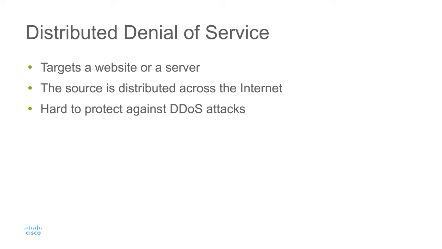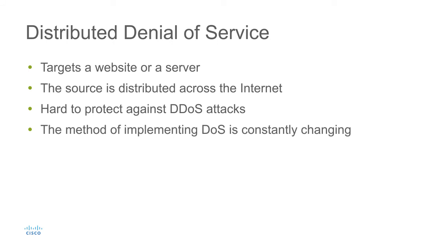But what we need to understand is that DoS attacks don't necessarily come in one way, shape, or form. The whole concept of a DoS, to consume resources and to crash computers, stands true, but the method of implementing that DoS can change. We saw it change from the TCP SYN flood to the ping of death to UDP floods.